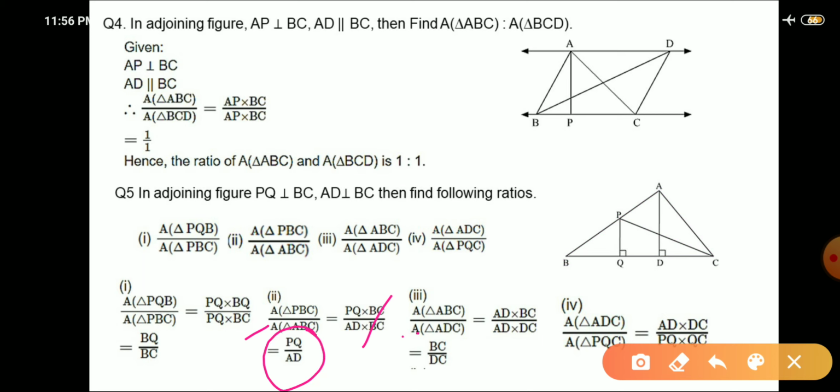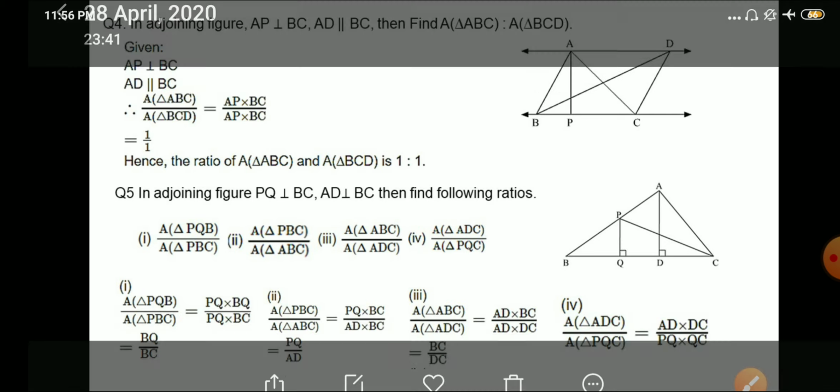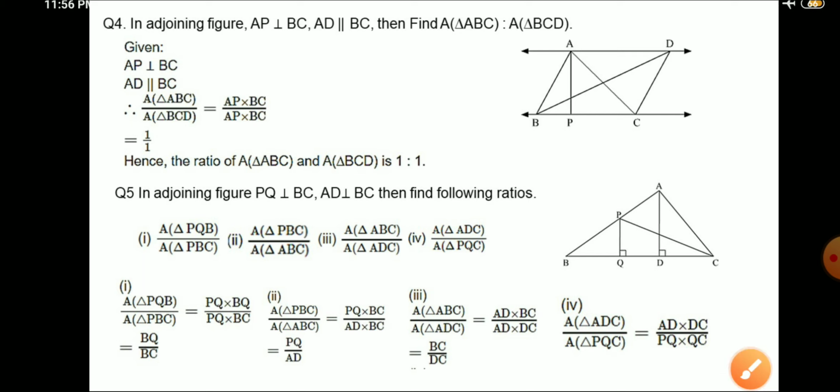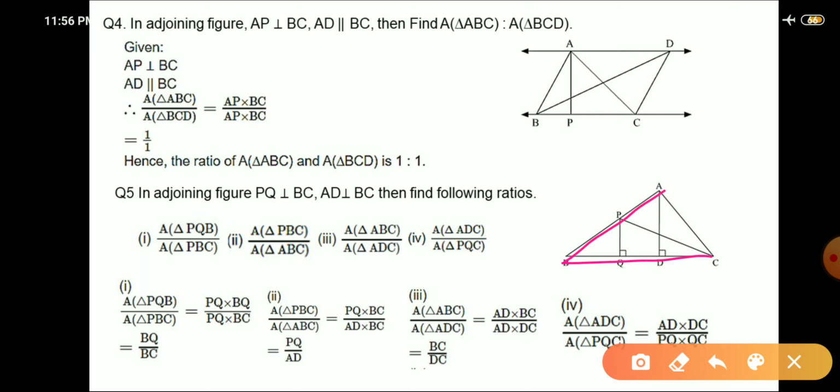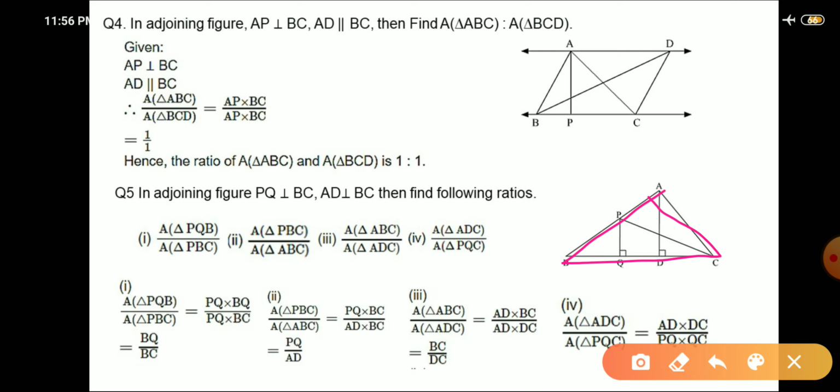Therefore the ratio of the areas of triangles PBC and ABC is equal to PQ upon AD. Similarly we get the ratio of the area of triangle ABC upon ADC, the bigger one ABC upon the smaller one ADC.